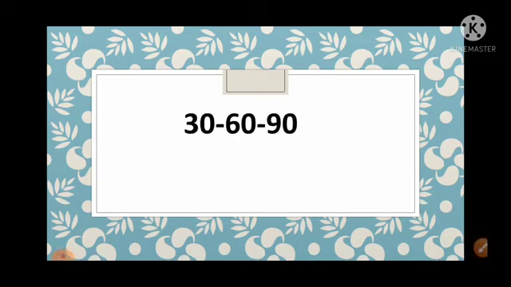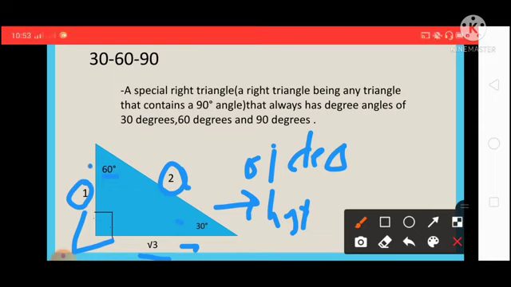These are known as the sides, while this one is also known as the hypotenuse, or the longest side of a special right triangle. Square root of 3 is our adjacent, while this one is the opposite, and this one is the hypotenuse.